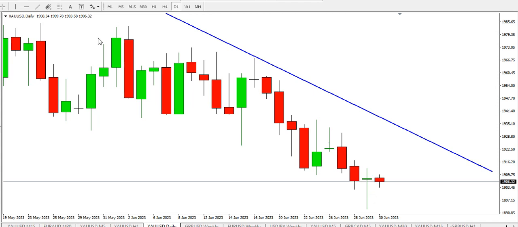So we might see price retracing up to this particular trend line for price to either break that level or drop to continue the bearish trend. But for now, price is likely to go up.